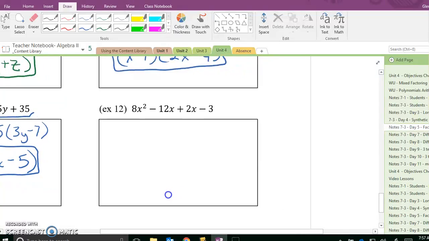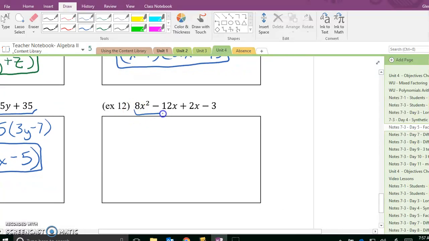Now my very last problem, again, I'm going to group. 8 and 12 both have 4 in common, and x squared and x, the lowest degree would be just an x. So I'm left with 2x minus 3. And then over here, if you notice, I have 2x minus 3 already.